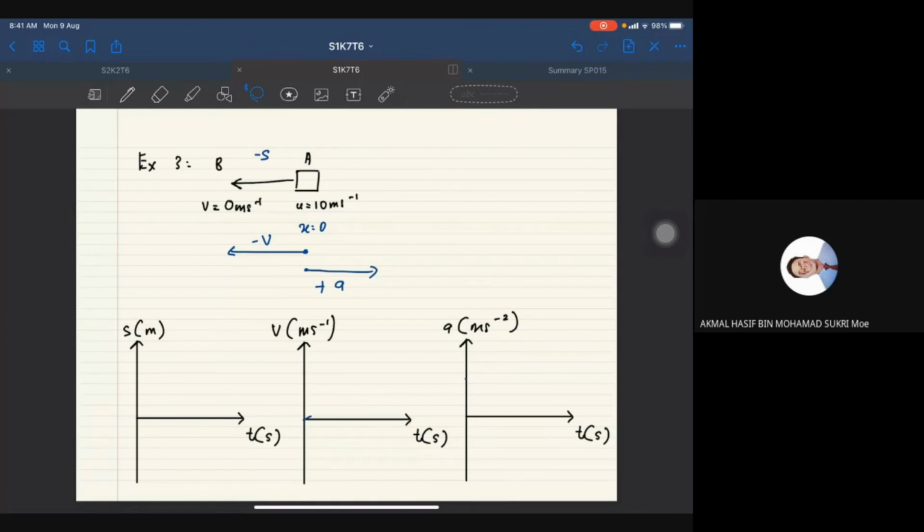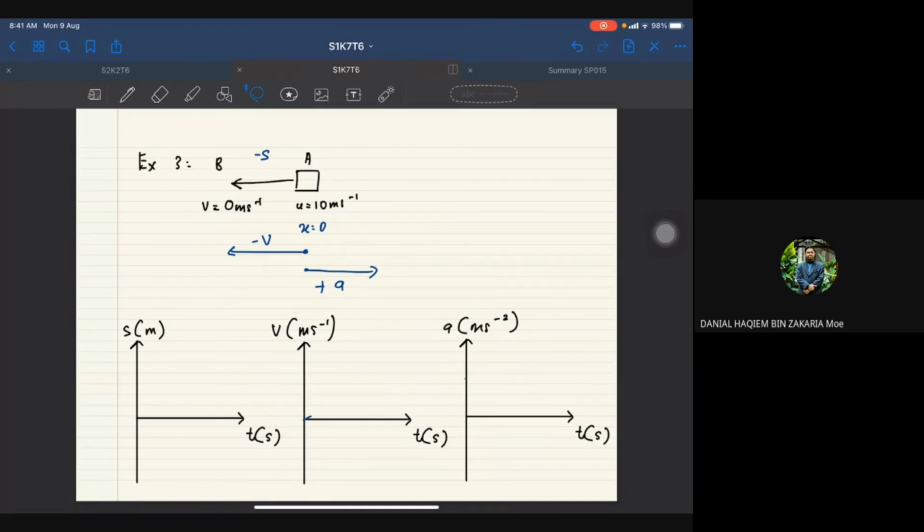Okay, kita buat dulu S. Tapi kan dalam exam, if you are trying to solve a question, my suggestion is that you try to start with the one with the most information. Between S, V dengan A, in my opinion, you have most information in V, because you have the initial one and you have the final one. So kita start dengan V.